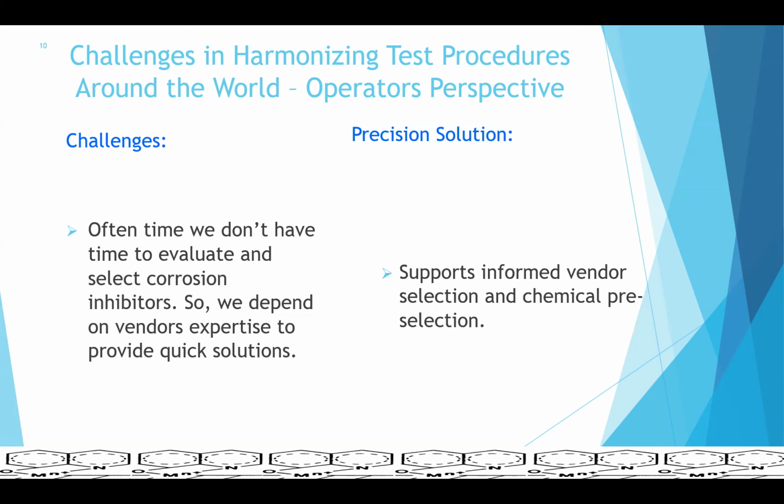And more importantly, it provides a pre-qualified list of chemicals. So we don't have to start from scratch, but we can start from a well-established precision statement based on standard solutions, standard conditions, so that we can easily pick chemicals from a list of chemicals.